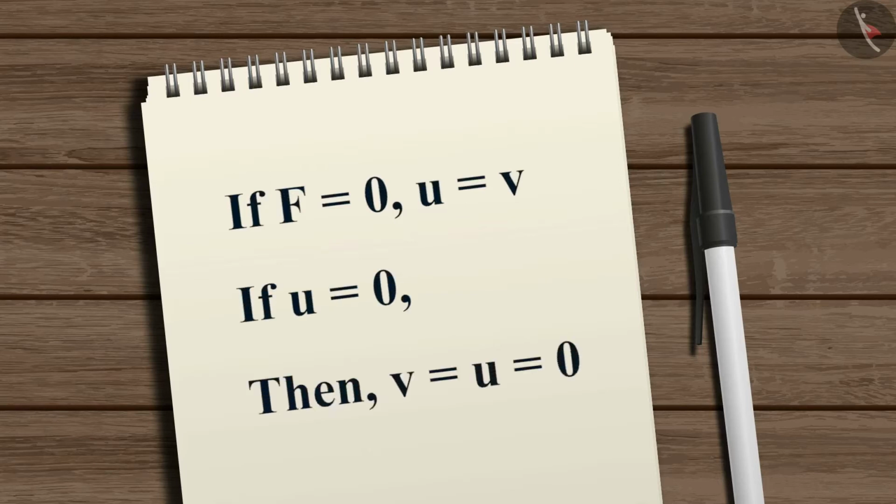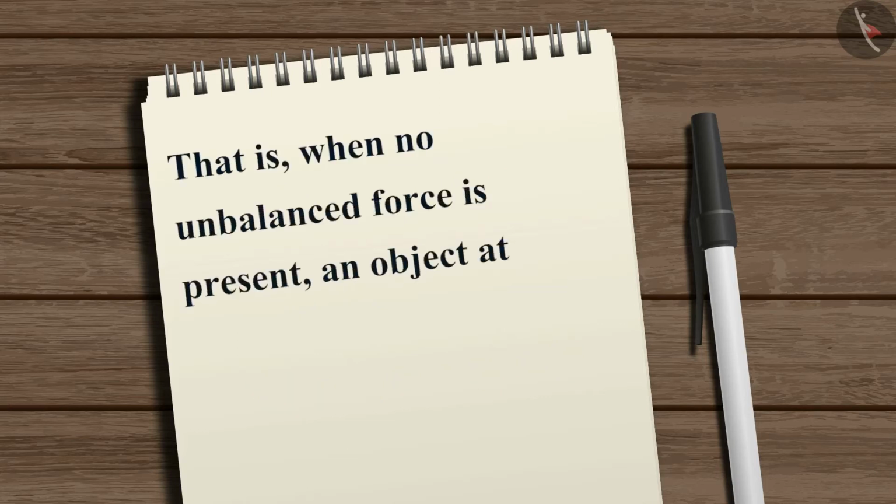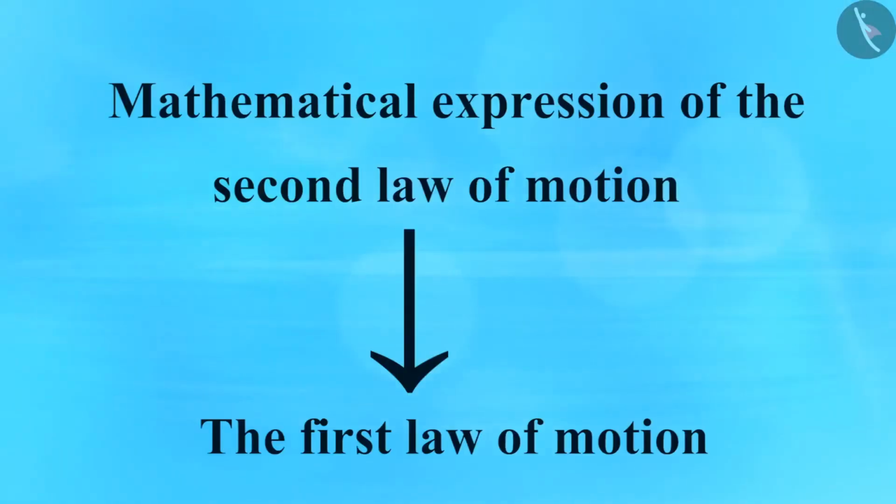Also, if the initial velocity is 0, then the final velocity will also be 0. That is, when no unbalanced force is present, an object at rest will continue to remain at rest. Hence, we saw how the first law of motion can be mathematically stated from the expression of the second law of motion.